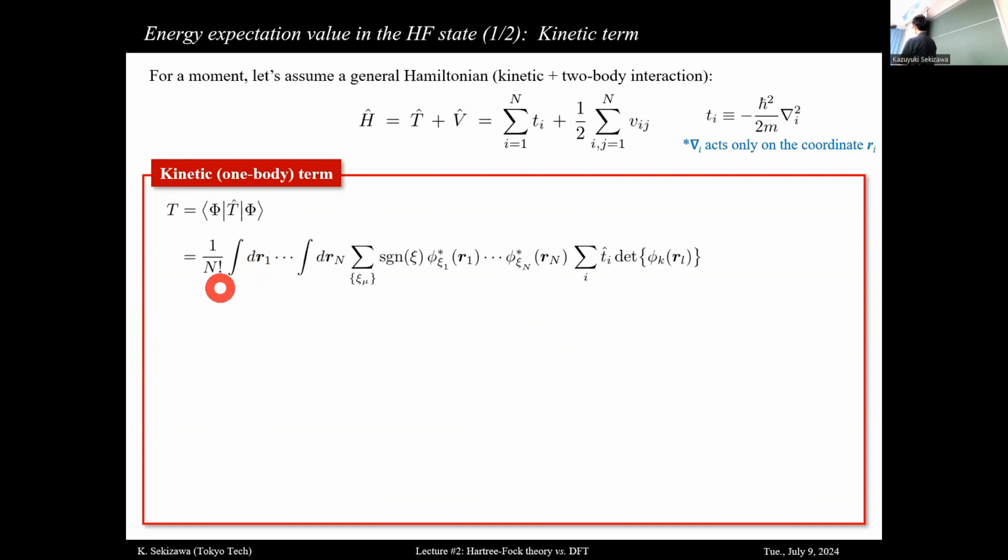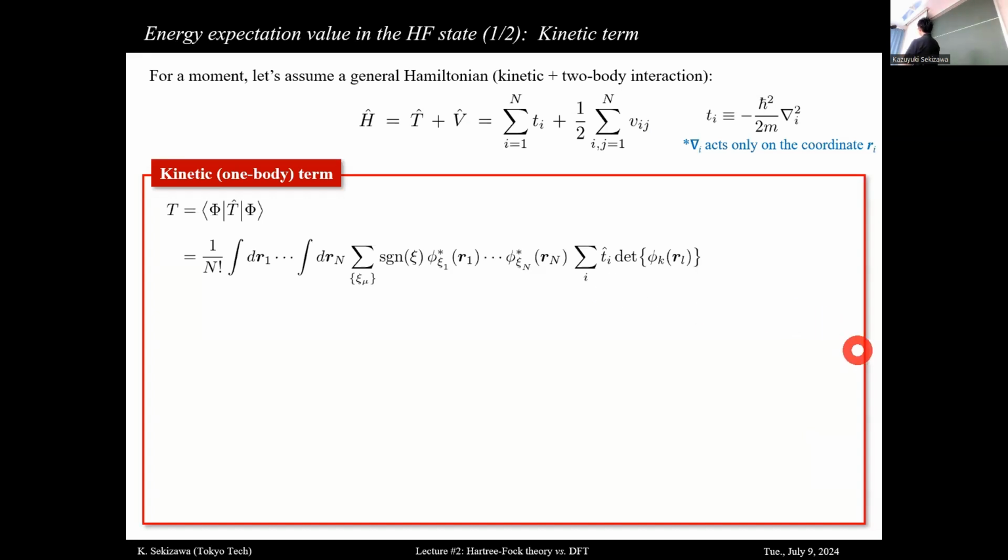So 1 over n factorial is the normalization factor coming from the bra and ket states. On the left-hand side, I use the last formula with permutations, and on the right-hand side, I use the shorthand notation of the Slater determinant. And I just put this operator here, according to the definition.